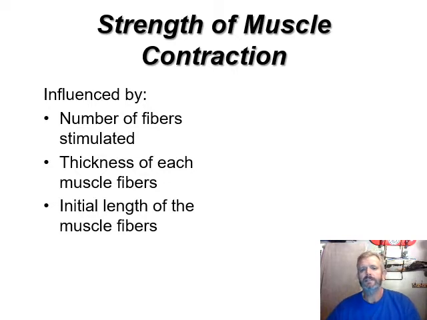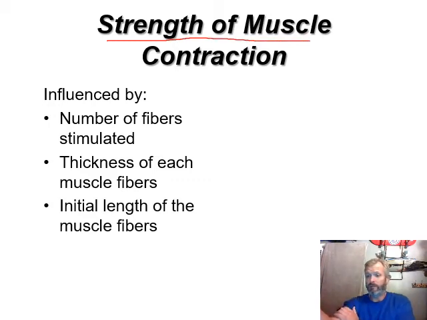All right, so let's get into strength and muscle contraction. In our muscles we have multiple muscle fibers and multiple types of fibers in each of our muscles. And so this can help us in determining what our strength of contraction is.